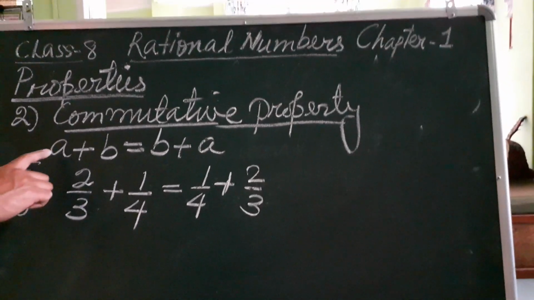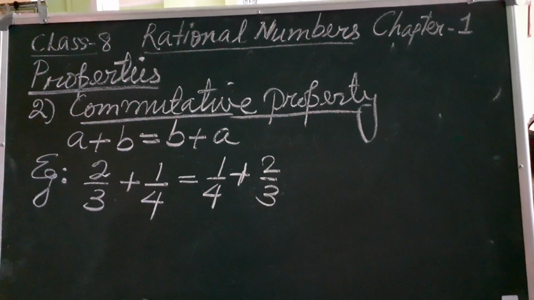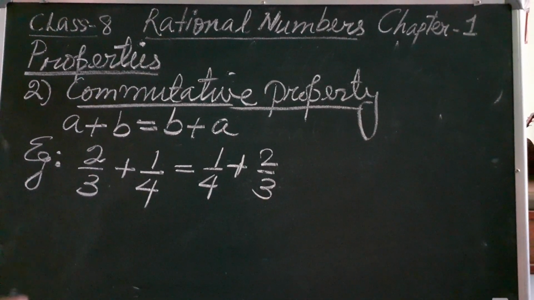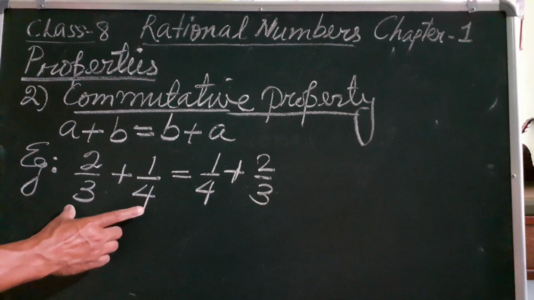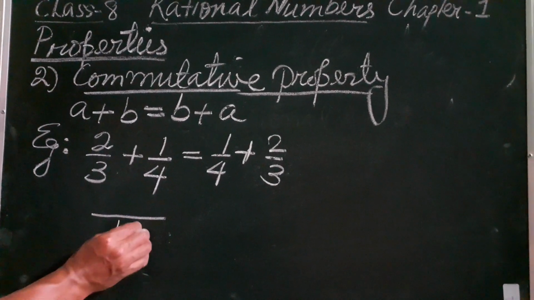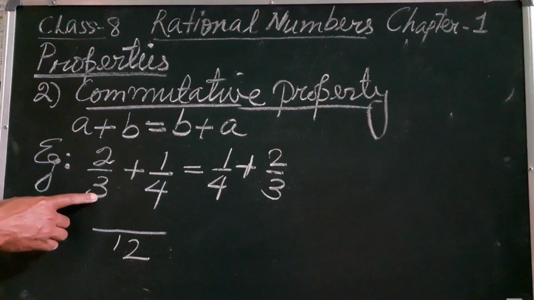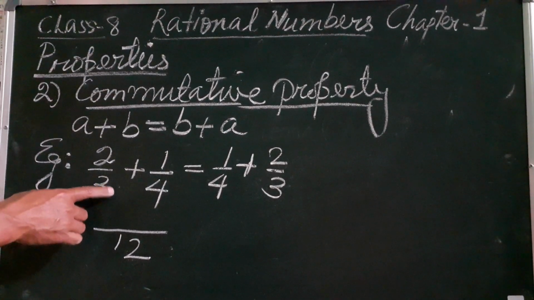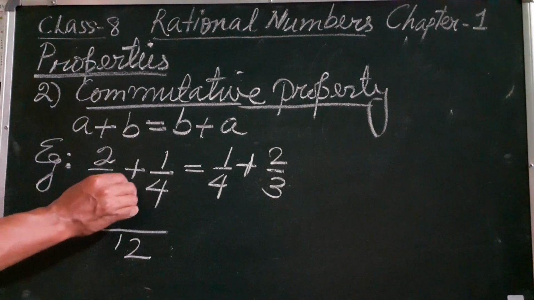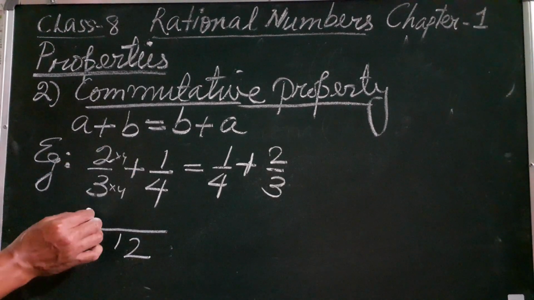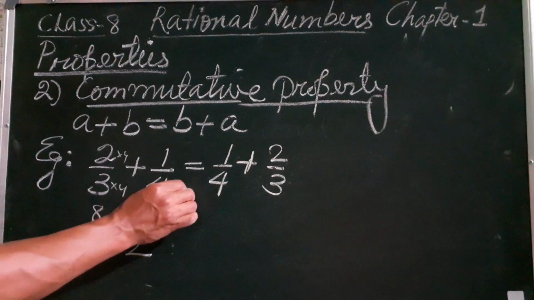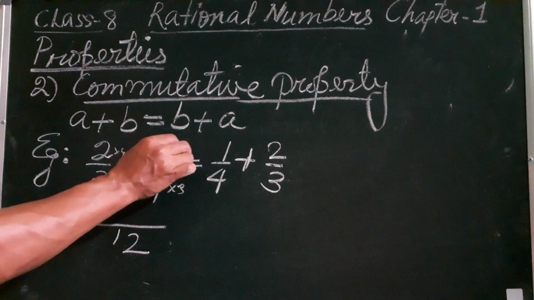If you change the order of addition of rational numbers, the sum remains the same. Let us see. LCM of 4 and 3 is 12. 4 into 3 is 12. 2 into 4 is 8. 1 into 3 is 3.